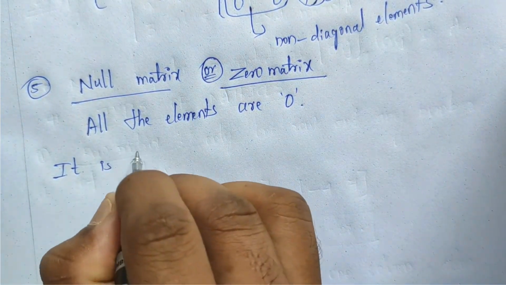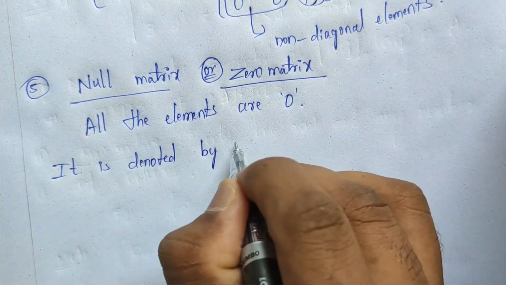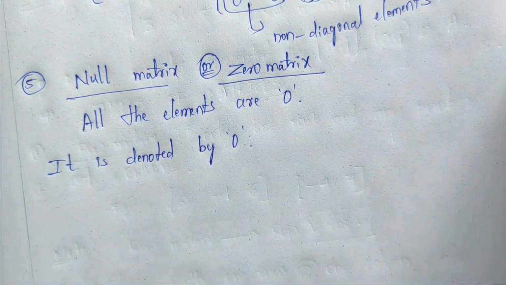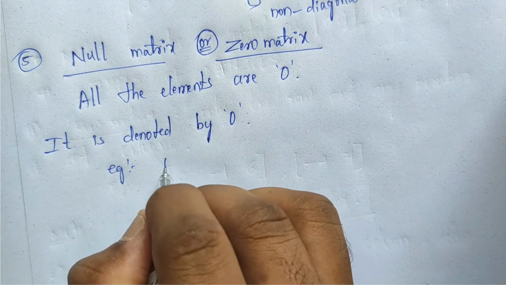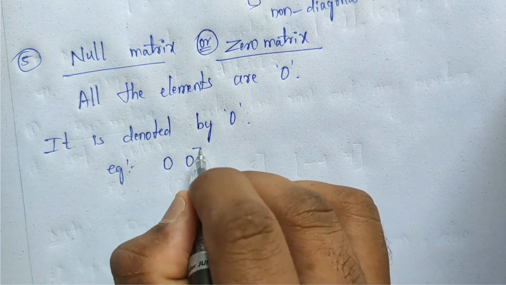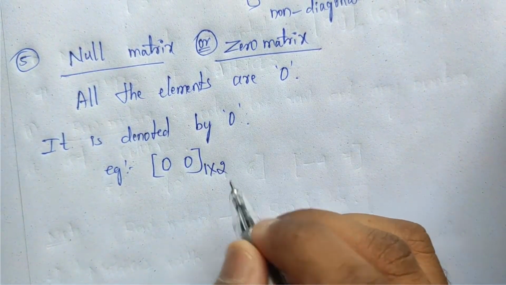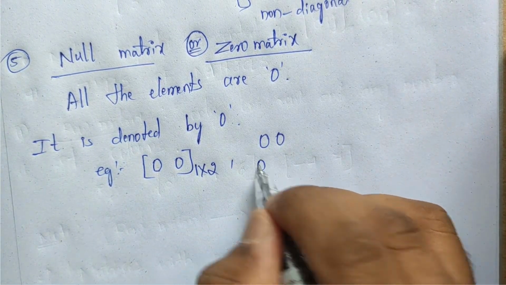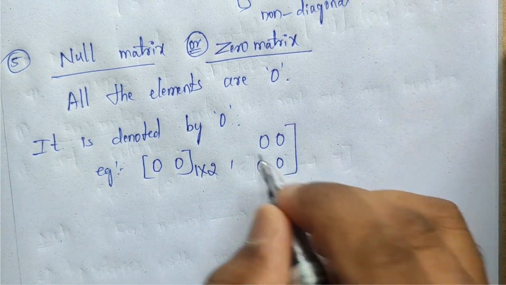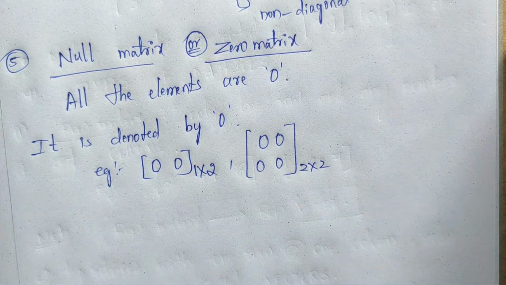It is denoted by 0. Example: 0 0, it is a 1 cross 2 matrix, and 0 0, 0 0, it is a 2 cross 2 matrix.